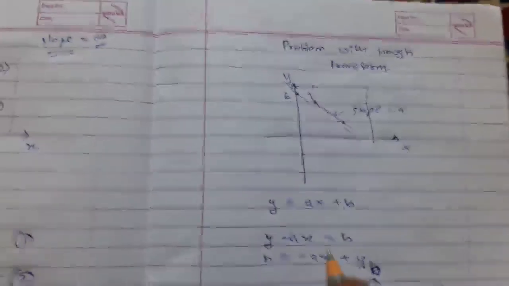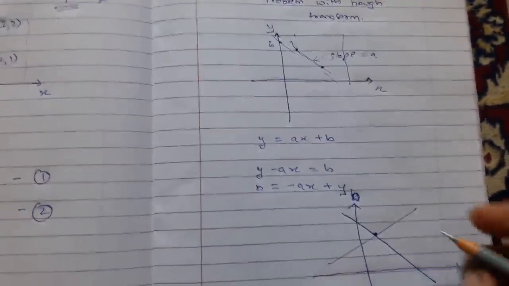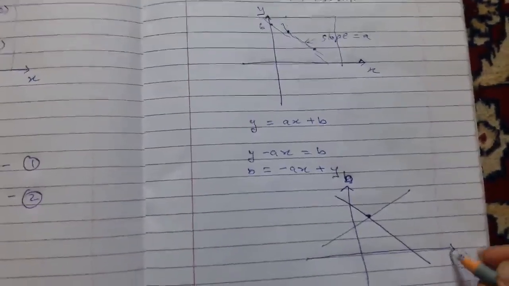Let's see how we can solve the problem faced earlier. In the first place, we transformed the xy coordinate plane to the AB coordinate plane, where A was the slope and B was the y-intercept. We saw that the problem was caused by the slope.